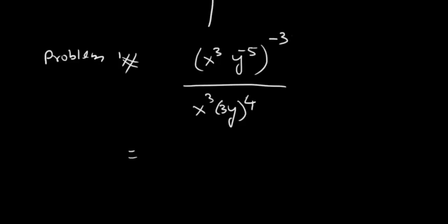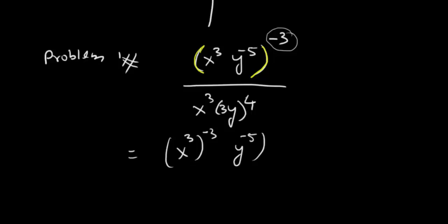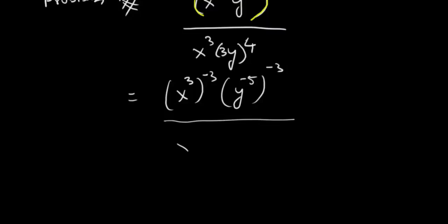Now here, this negative 3 power is for all the terms, all the algebraic variables that are inside this bracket. So that means x to the power 3 should also have this, and y to the negative power 5 should also have this. And in the same way, this 4 is for everything that is inside this parenthesis.